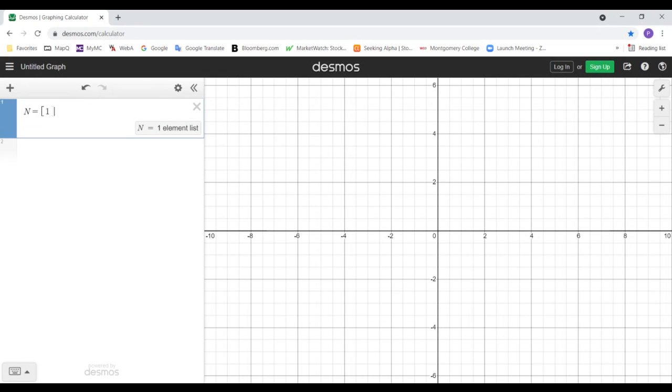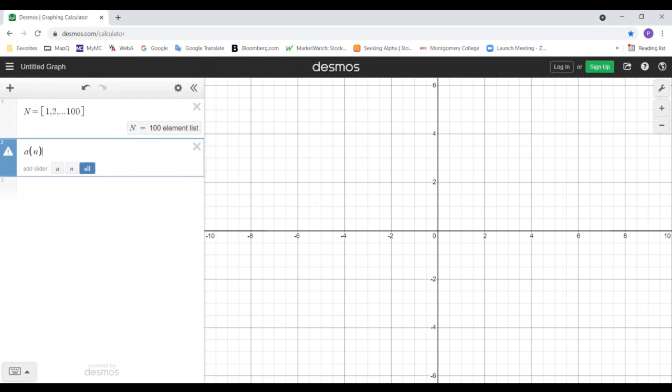So I'll say 1, 2, dot, dot, dot, 100. You see there how it says n equals 100 element list? That's what you want. It's going to plot the first 100 terms of the sequence. You may want to plot the first 1,000 terms; it really is up to you.